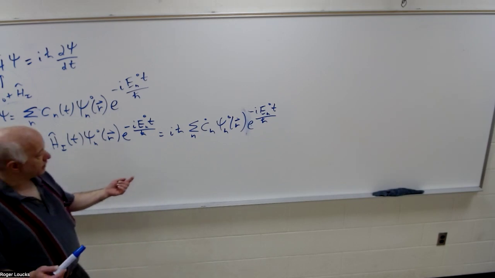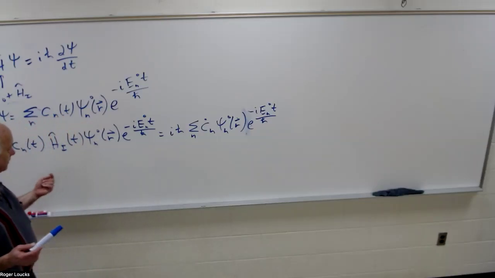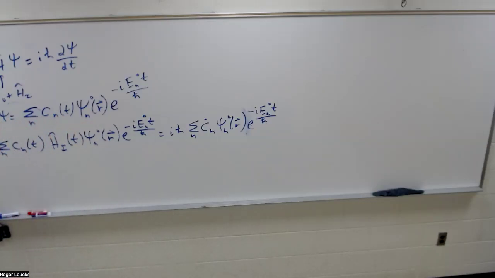We wanted to solve for the kth term. How did we solve for the kth term? How did we solve for Ck dot?